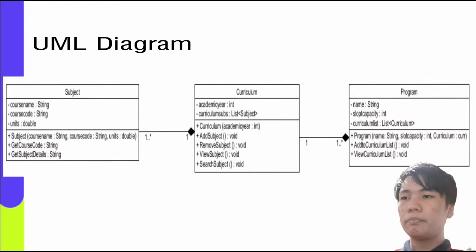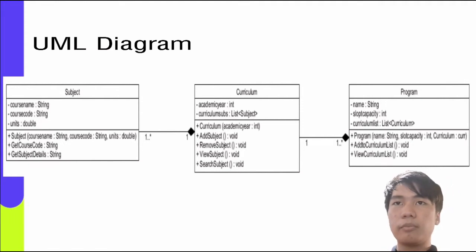Up next is the program class, which has three class fields, namely the name String, private slotCapacity int, private curriculum list of Curriculum, and under it are the methods, which are the public Program with name String, slotCapacity int, curriculum, public addToCurriculumList void, and public viewCurriculumList void.